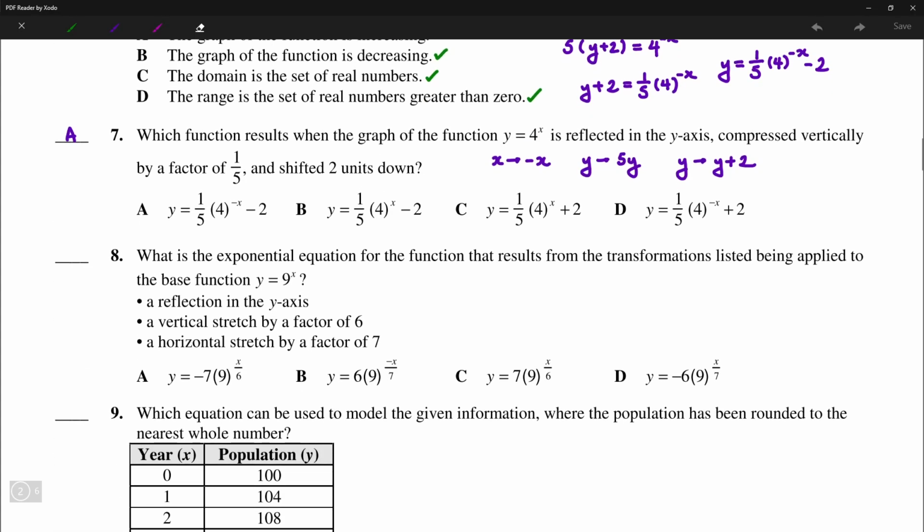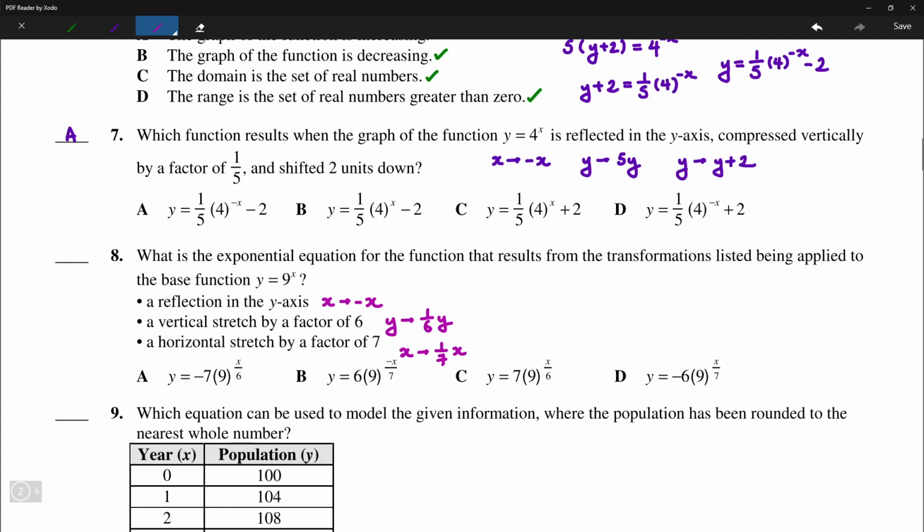Okay, so very similar to number 7, we are just applying some transformations here. Starting with the first one, reflection in the y-axis. So that will give negative x instead of x. Vertical stretch by a factor of 6. So instead of y, we will have 1 over 6y. And horizontal stretch by a factor of 7. So instead of x, we'll have 1/7 x.